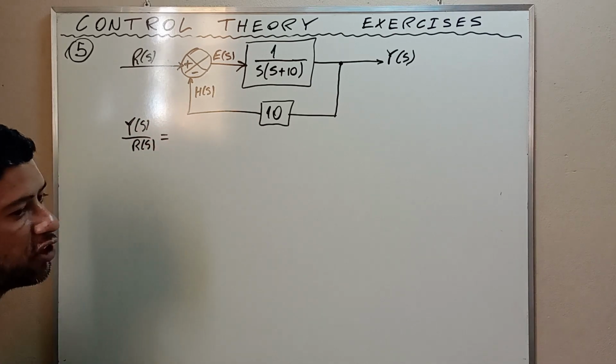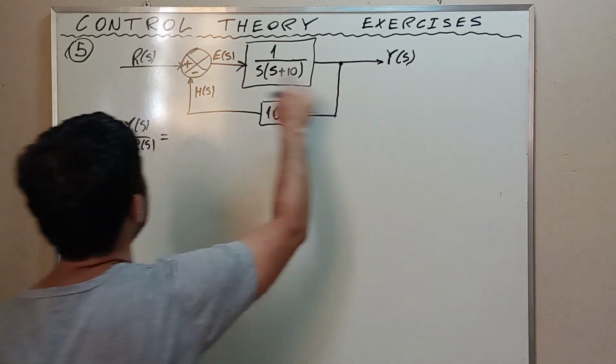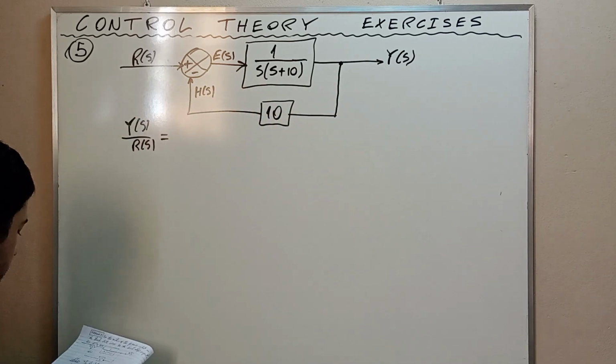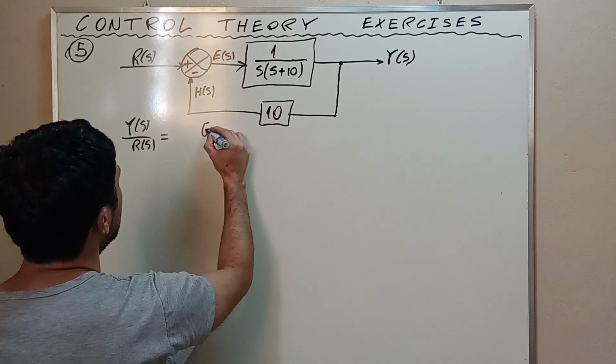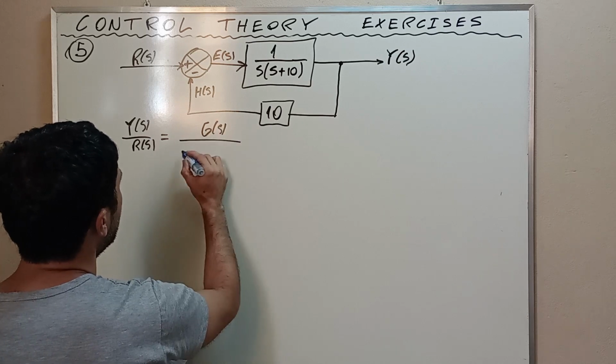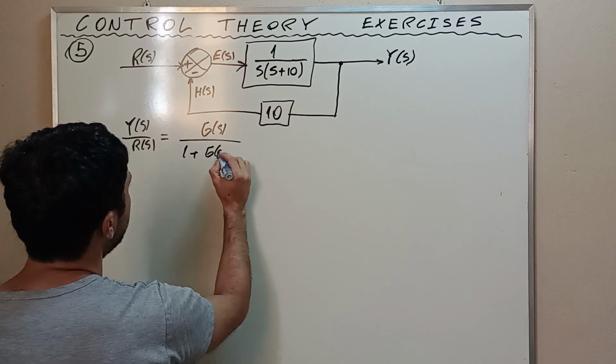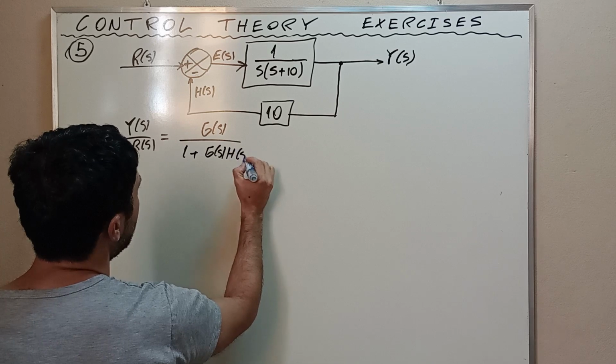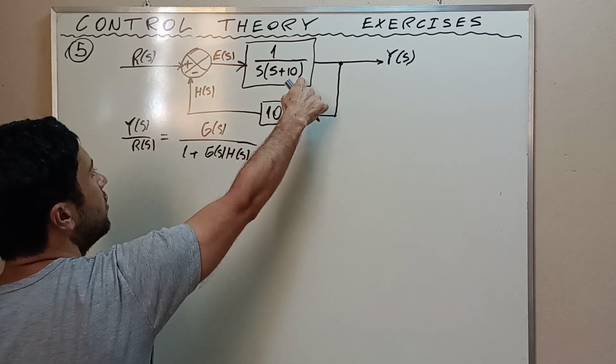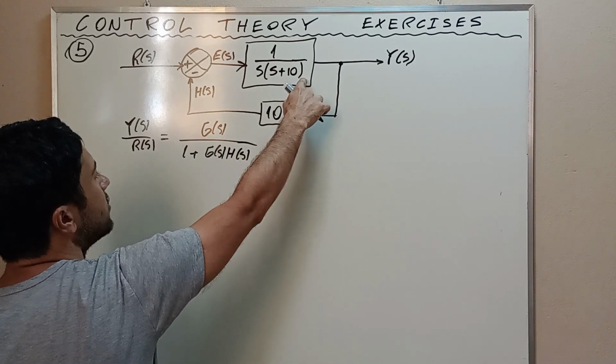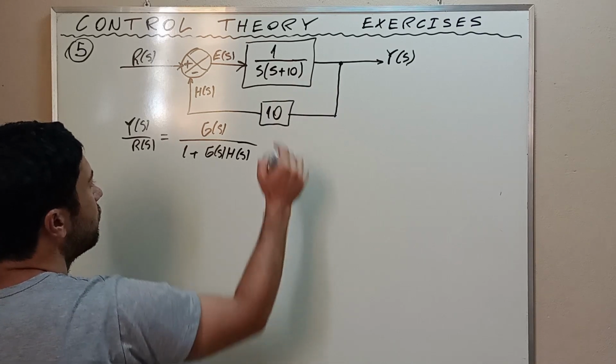We are relating output with input, and this is equal to G(s) over 1 plus G(s) H(s). This is G(s), and this is H(s).